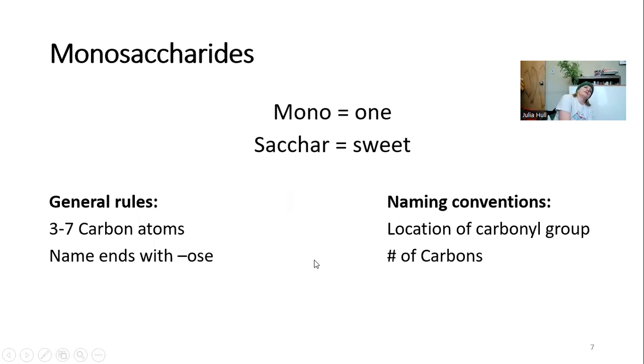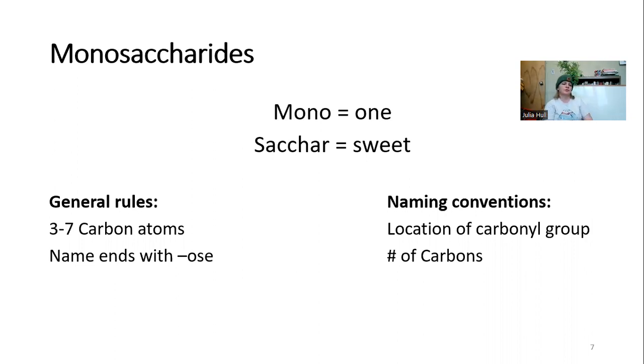Okay, so let's talk about monosaccharides. These are the simplest sugars. Mono means one, saccharide means sweet, so these are just one sugar molecule. These are our monomers. When we start talking about linking these together to make complex carbohydrates, monosaccharides are the monomers for carbohydrates.